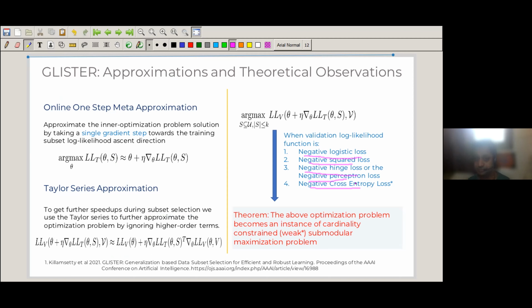So now we have an advantage. We don't have to keep evaluating for each subset that you select the entire parameter estimate. You've now done not only a single gradient descent update approximation, but also a Taylor series approximation. So this turns out to be much faster.